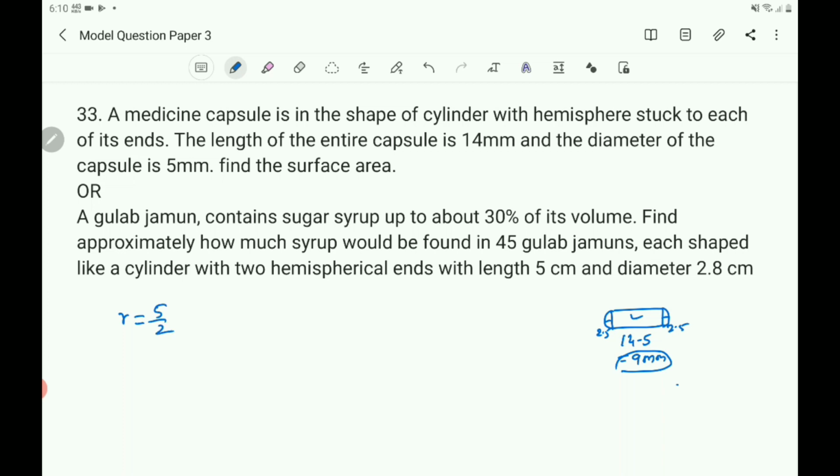For the cylindrical portion, r is the same, 5/2 mm, and h means the length of the cylindrical portion, that is 9 mm.